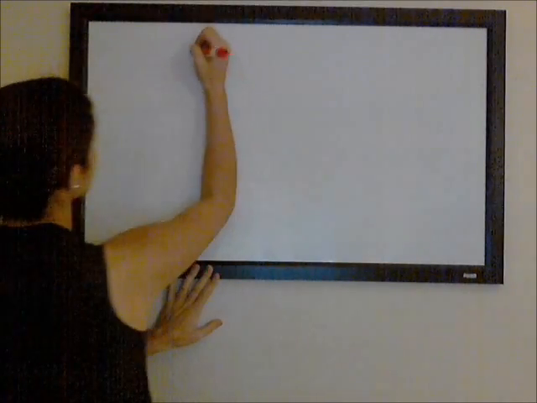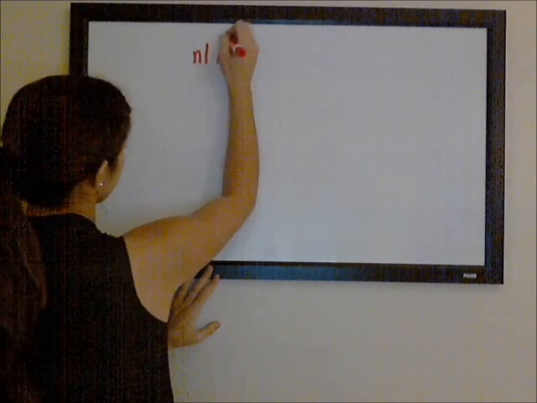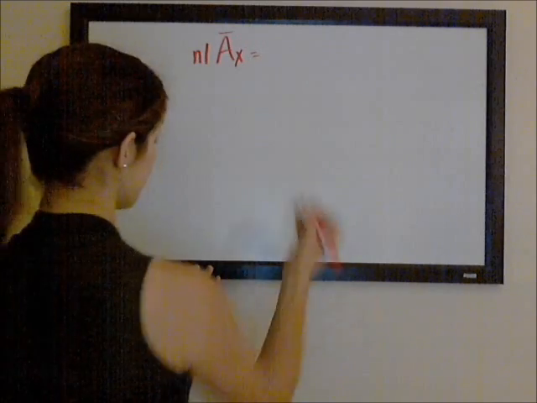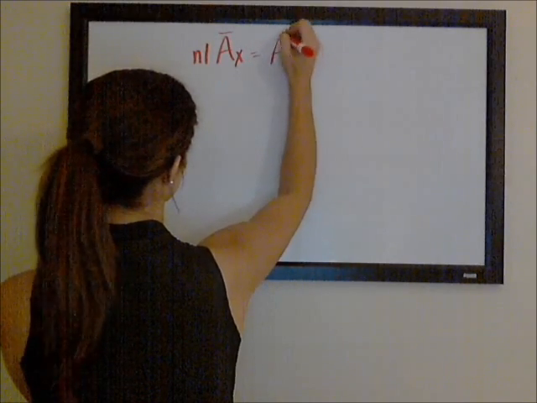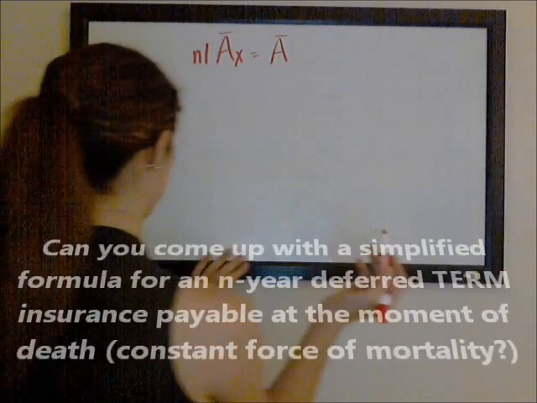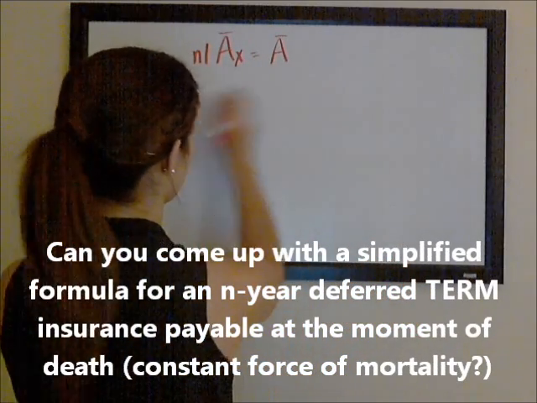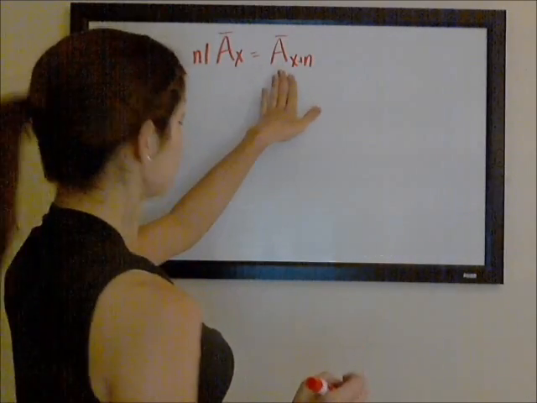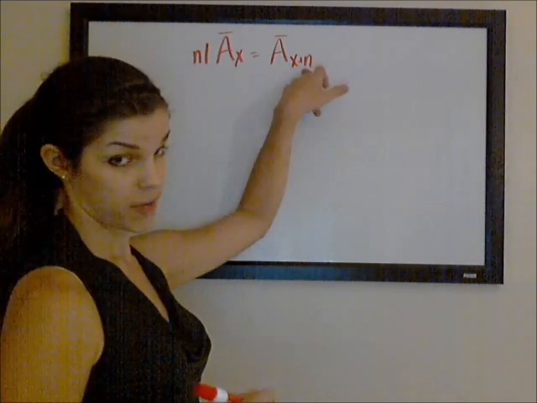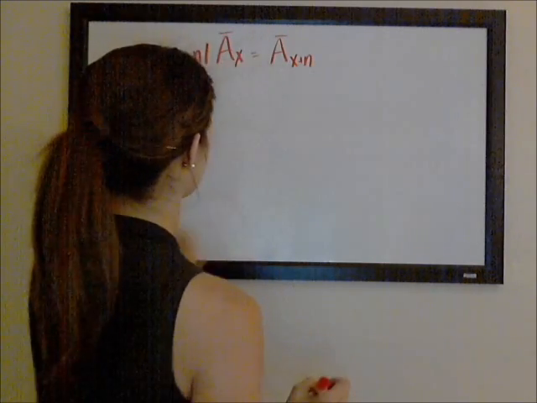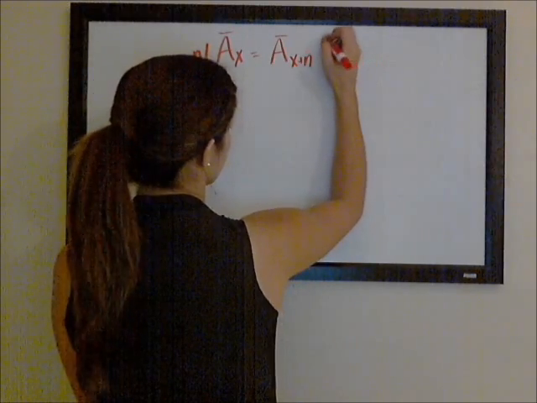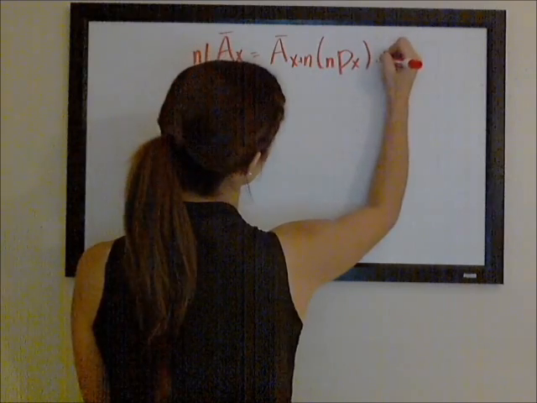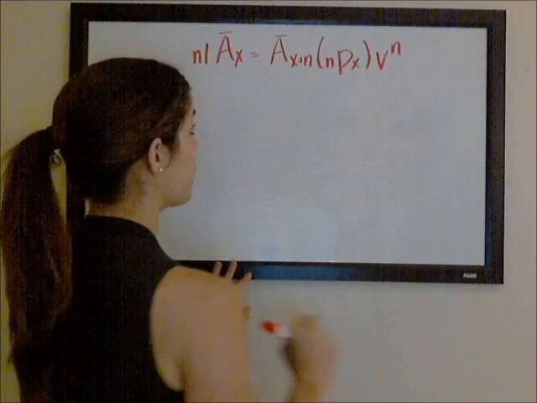And then one last one I'll look at for single lives is an n-year deferred insurance. That's going to be an n-year deferred whole life insurance, payable at the moment of death. That's just a whole life insurance on x plus n, payable at the end of the year of death, if you reach that point, and then it's discounted back for n periods.